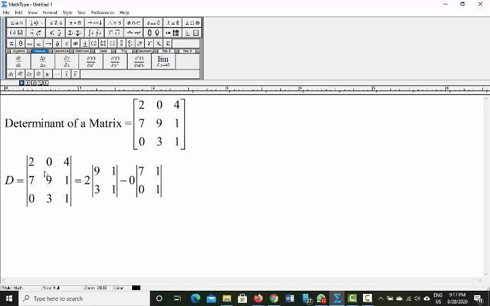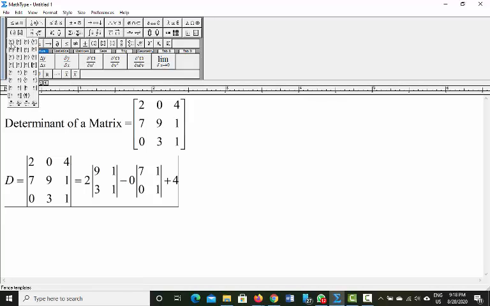Then plus. Now we will take this one, that means the third element of the first row.